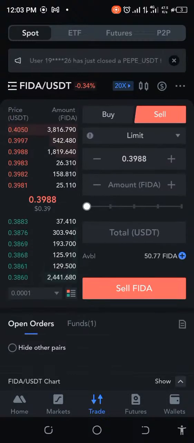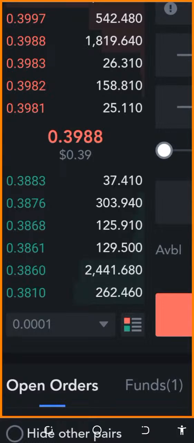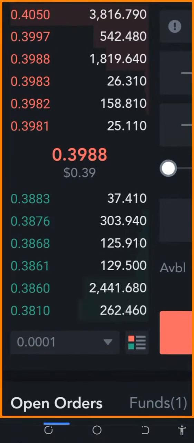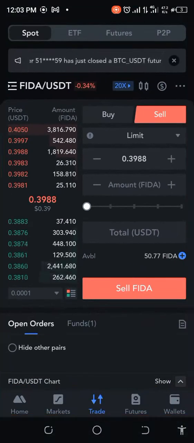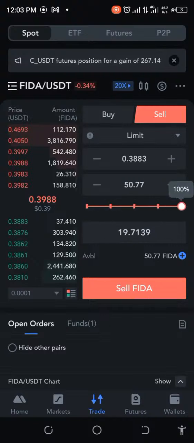Okay, so you can see that there's a lot of movement here, but at the price that I want to sell, there's not enough. Look at it now, this is 38.83, but I want to sell it at what price? I want to sell it at 39, because if I choose this price, right, and I do this, I'm going to lose money.